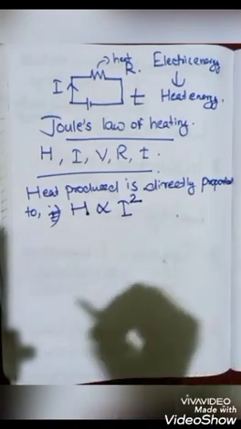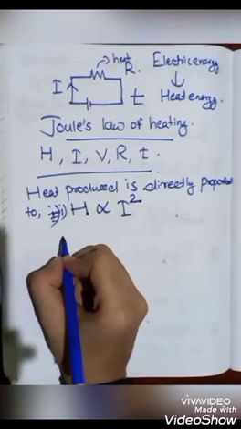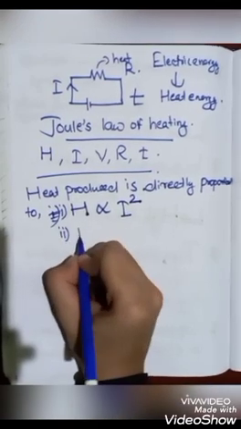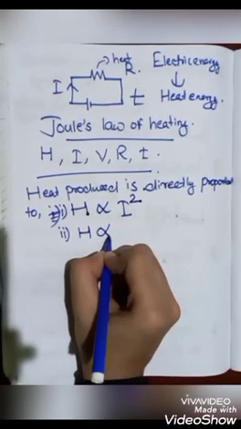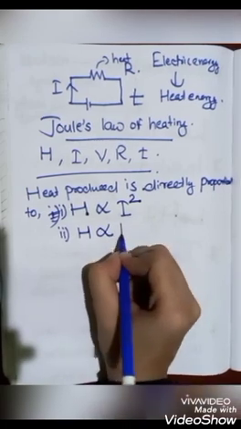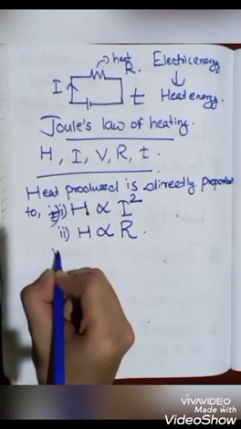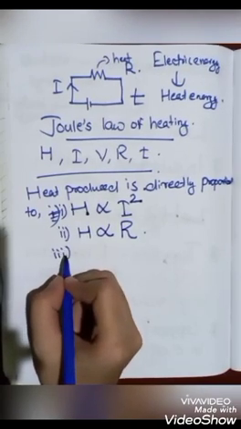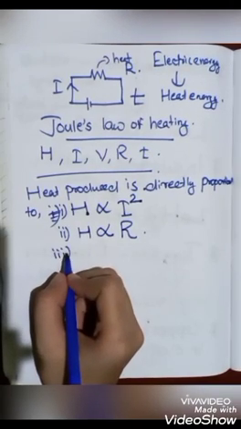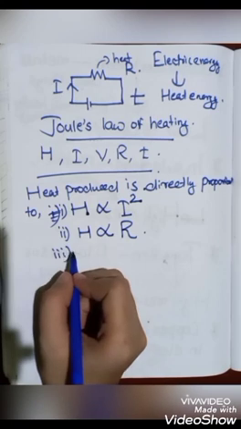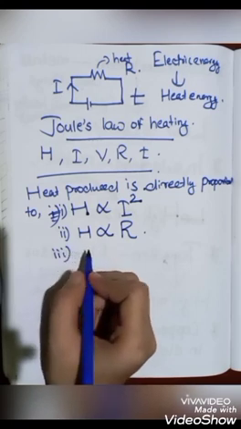Okay. And the next one is that the heat produced is directly proportional to the resistance. And the third one is that the heat produced is directly proportional to the time, that is the time for which the current flows through the resistor.